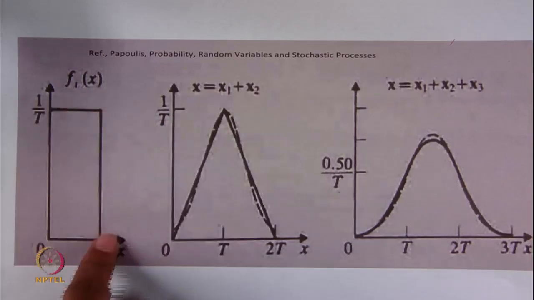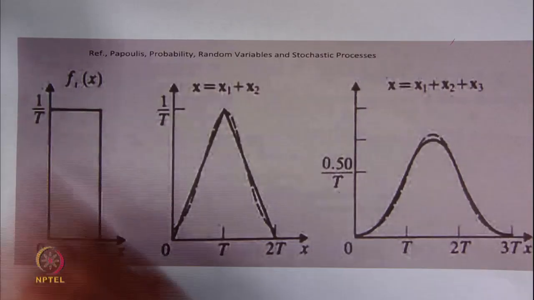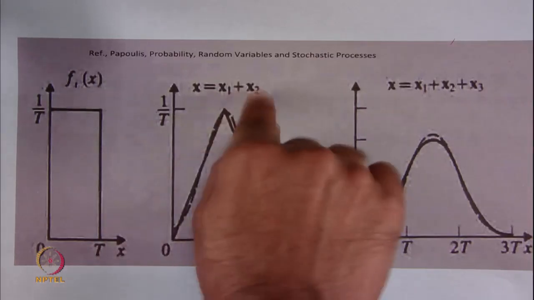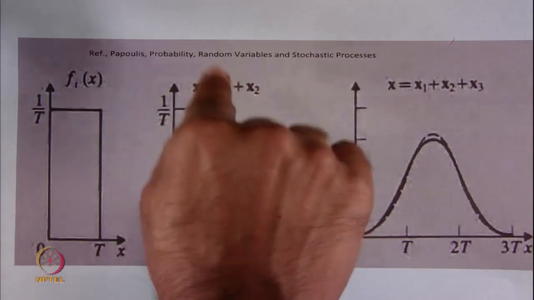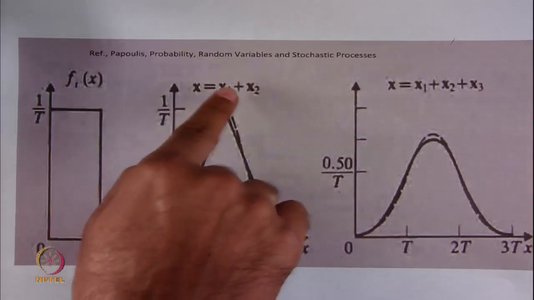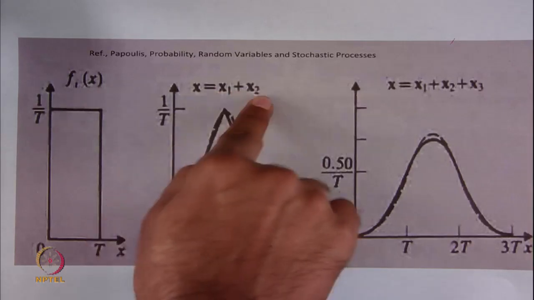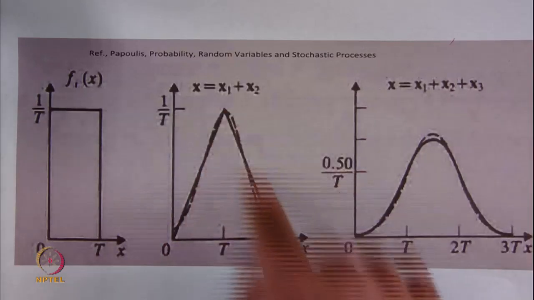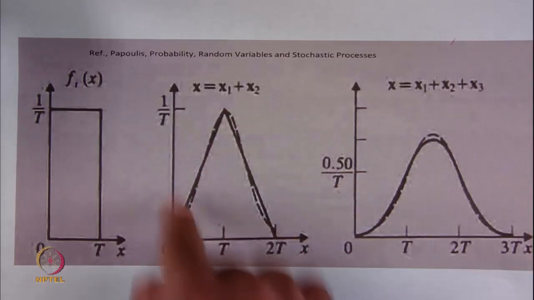You can assume it to be a rectangle density function, and if you take the sum of two such independent random variables, the density will be the convolution of the densities of x1 and x2, and let us assume that they are identical random variables. So, the resultant density will be a triangle.